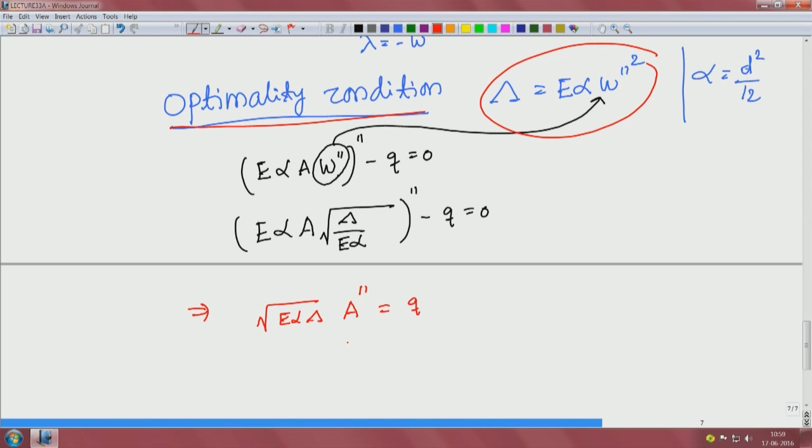So, if I want to get the area of cross section, I just need to integrate twice, that E alpha lambda that I have, okay, times I will have the integral of q of x. First time let us write step by step, A prime, I will get q dx, q is a function given to us, we can integrate it and then there will be a constant, okay.